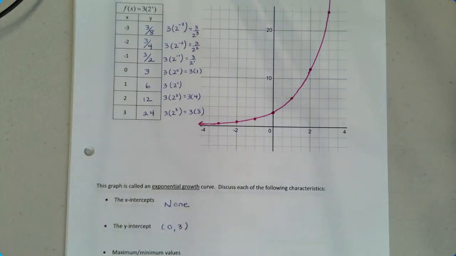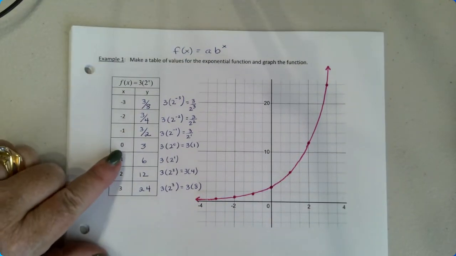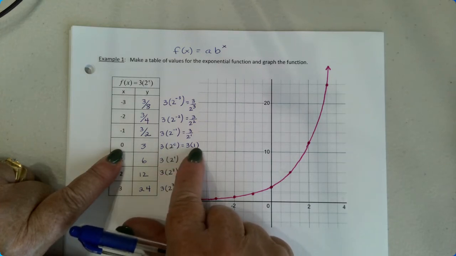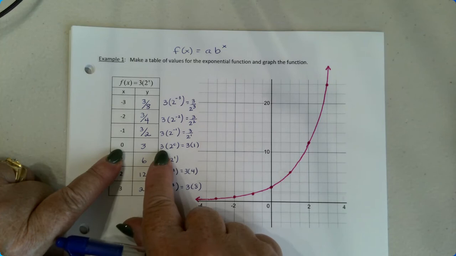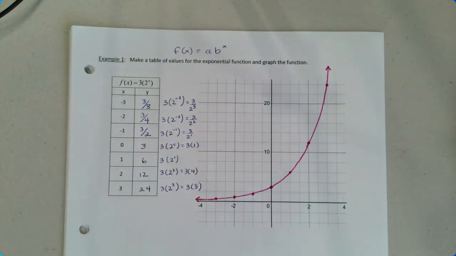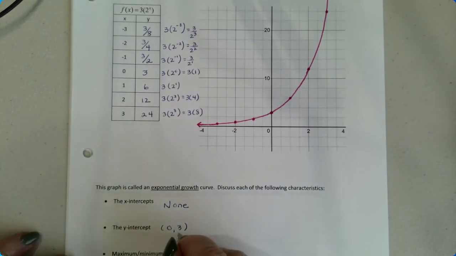As a matter of fact, I can tell where that 3 came from. When you plug in 0 as your exponent, any base to the 0 power will be 1. So all you're ever going to get is that multiplier, that a value. We'll see that again, and I'll make a note of that.